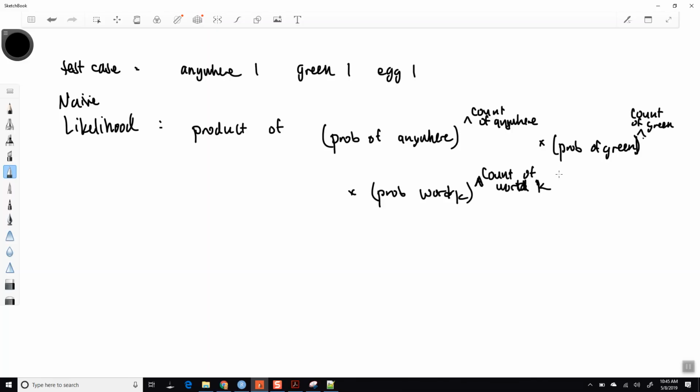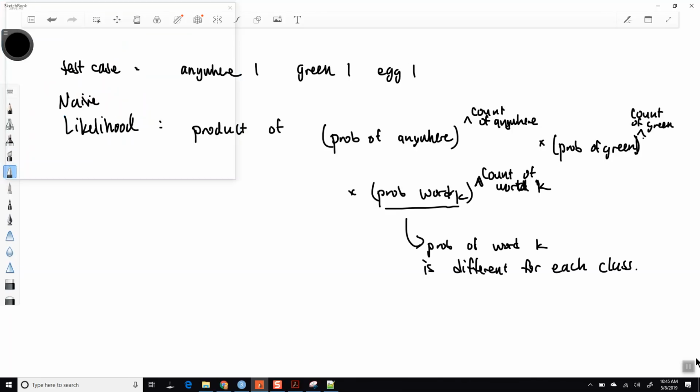So you're taking the probability of each word raised to its count, and the probability of word k is going to be different for each class. For Green Eggs and Ham, the probability of like is going to be very high, and the probability of mother is going to be very low.